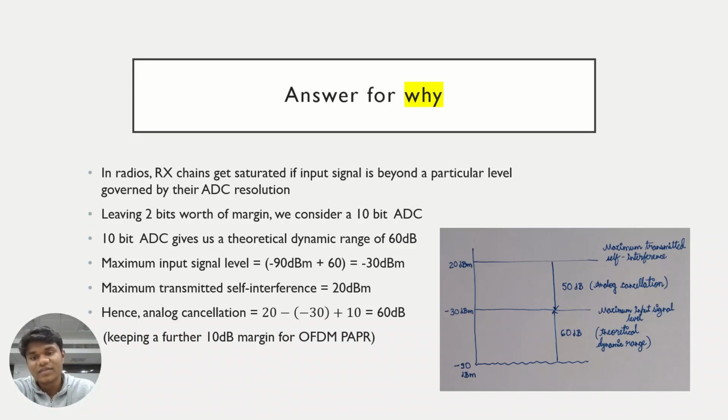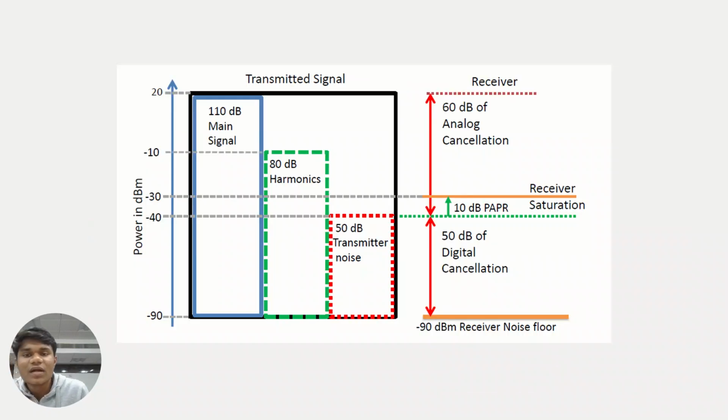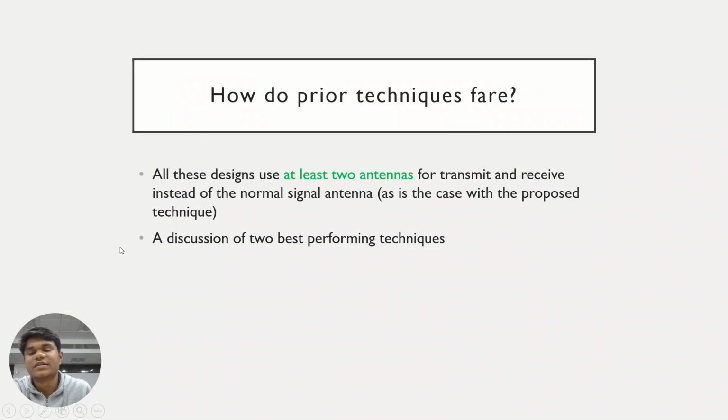So to account for that, we are applying an analog cancellation of 60 dB. Again, the final dynamics: 110 dB linear, 80 dB nonlinear, and 50 dB transmitter noise. All three of these have to be cancelled.